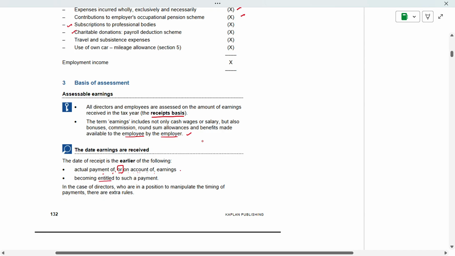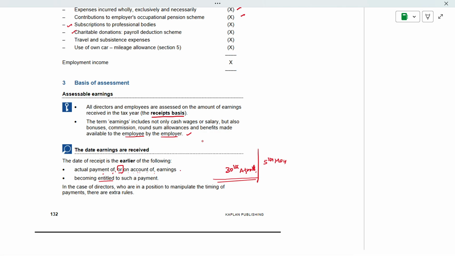Entitled, not received. If they say they will give salary on 5th of May but you are entitled on 30th April, when you are preparing the taxation on 30th of April, we have to take this.